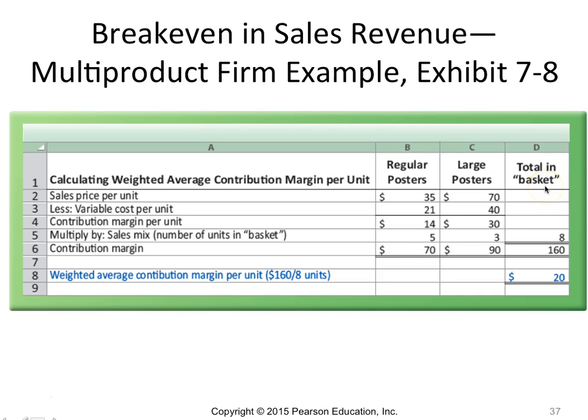The basket is hypothetical, so you're going to say, okay, every time we're going to sell 8 or something like that. 5 out of 8 are the regular ones, and 3 out of 8 are the large posters, so we can calculate contribution margin for each one, and then we get a total in the basket here. The weighted average contribution margin per unit will be 160 divided by 8, so it'll be $20 per unit. So this unit is not this or that, it's the average.